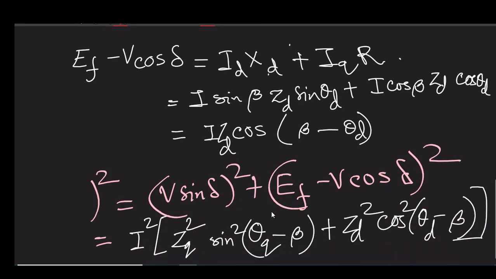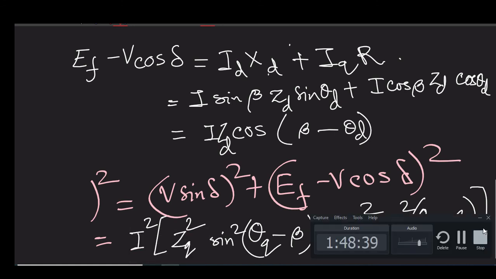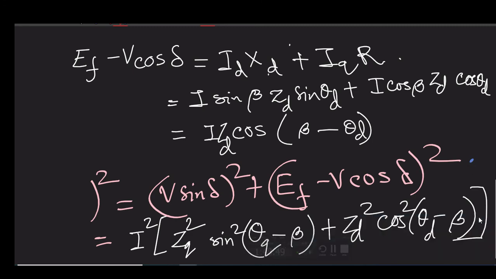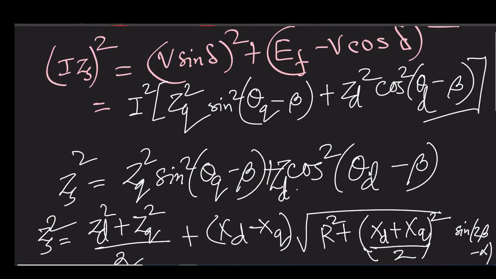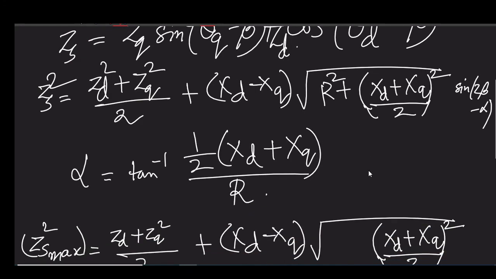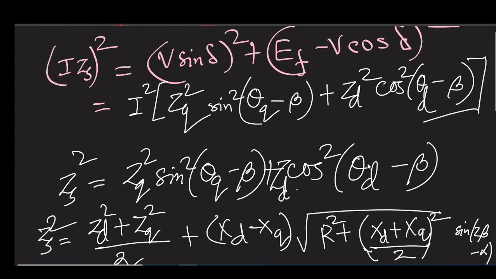I'm not sure whether you can hear me or not, so let me increase the volume. Okay, what I'm trying to say is that theta d and theta q cannot vary.